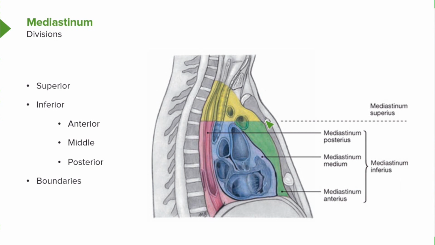Our reference points will be the sternal angle, which is formed at the point where the manubrium articulates with the body of the sternum. This will be at the level of the second costal cartilages that are attached then to the second ribs. So we'll run a line from the sternal angle posteriorly, and then that line will intersect between T4 and T5. Everything above is in the superior mediastinum. Anything below is a resident of your inferior mediastinum.